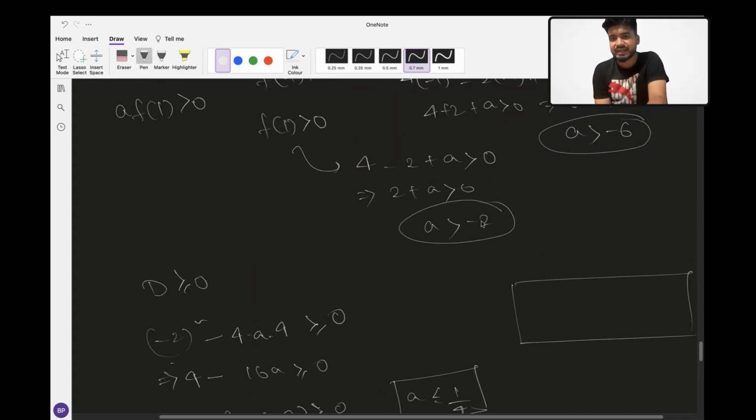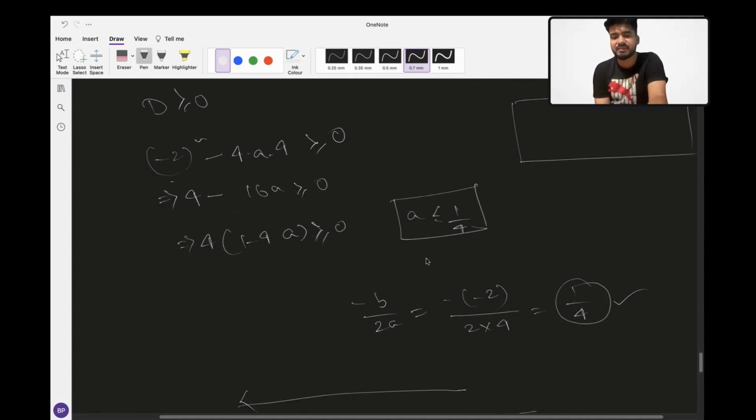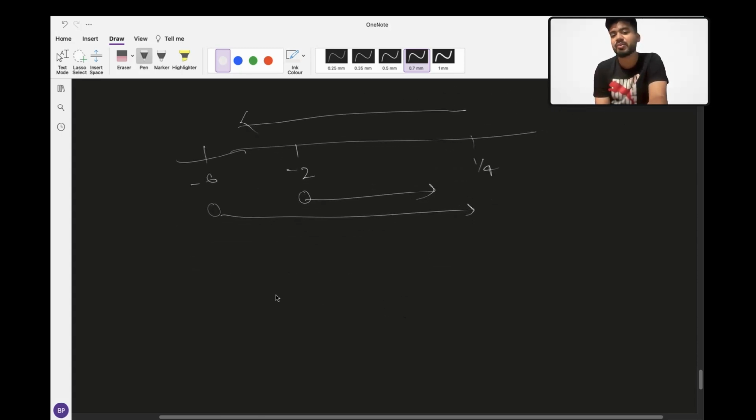In another case a is greater than minus 2, and in another case a is greater than minus 6. It will look like this. So the intersection of all the cases will come as minus 2 to 1 by 4, and that will be the answer for this question.